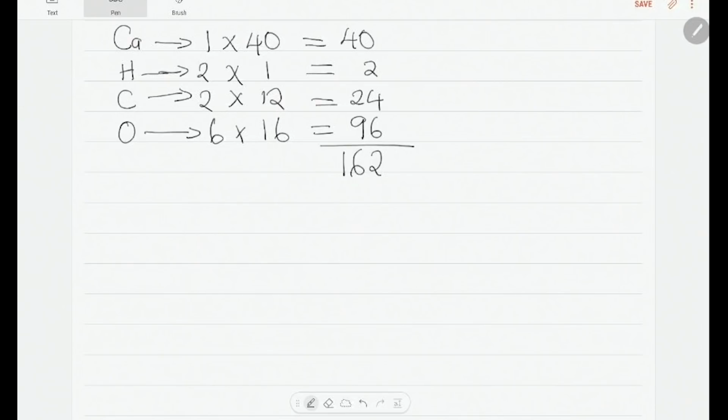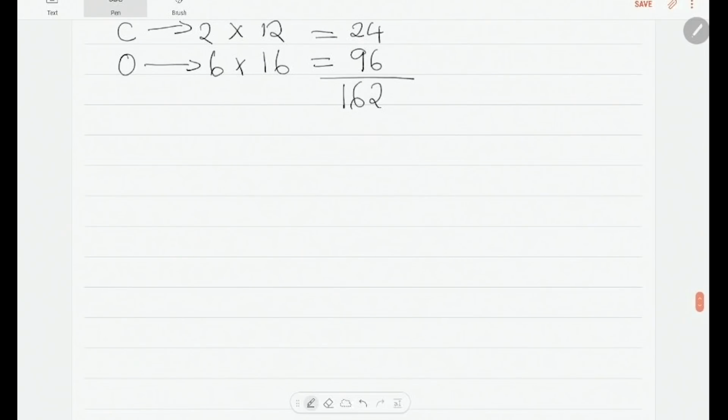Then question 13. How many molecules are found in 6.0 decimeter cubed of carbon dioxide at room temperature and pressure? From what we've been given according to the question, we can collect the data. We have the volume, which is equal to 6.0 decimeter cubed.